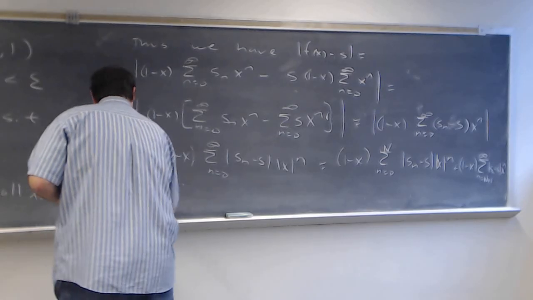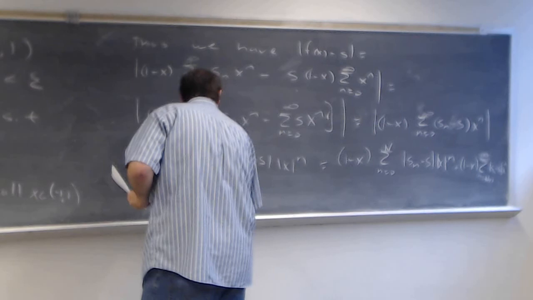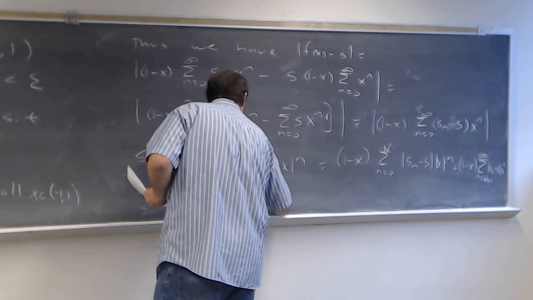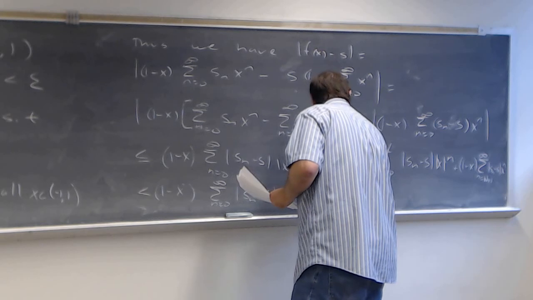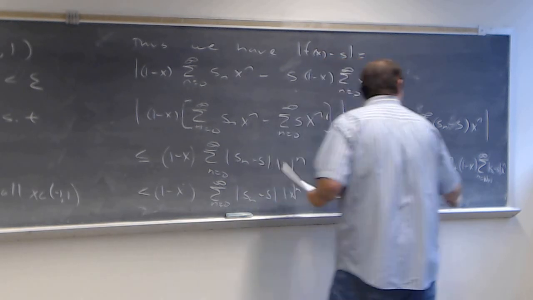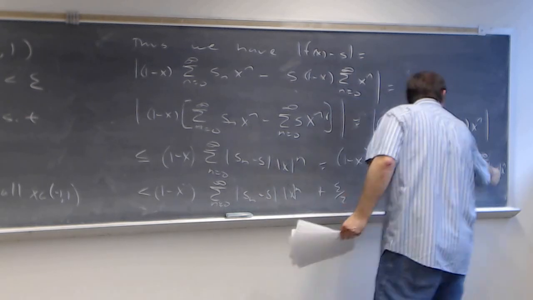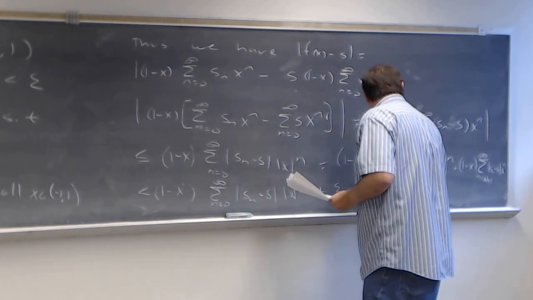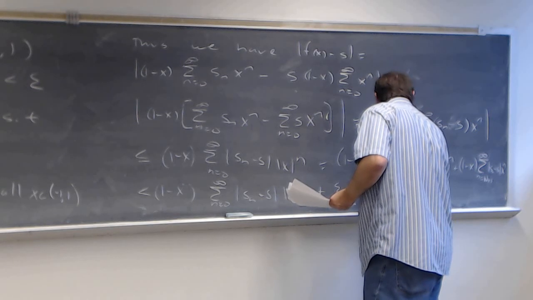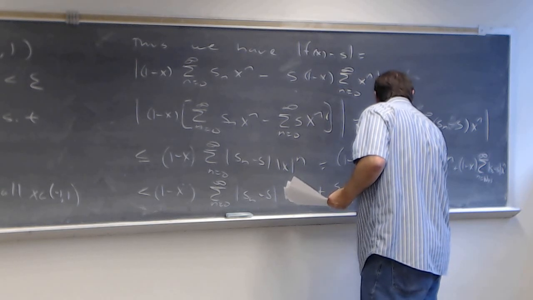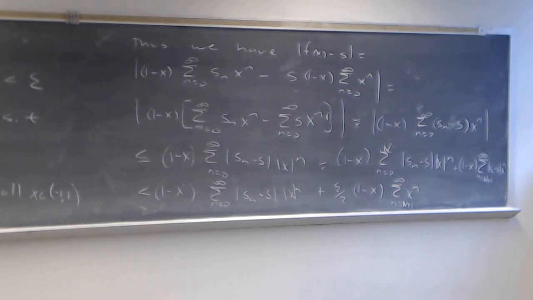which is less than 1 minus x times the sum as n runs from 0 to infinity of the absolute value of s of n minus s, times x to the n. So that's the values, and then plus this guy, which we had as less than epsilon over 2, that's the constant I can replace this with, and then 1 minus x times the sum of the x to the n's running from big N plus 1 to infinity. Okay, we're getting close to being done.